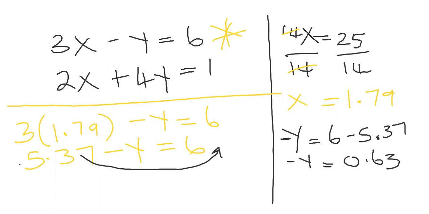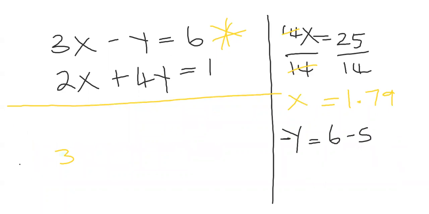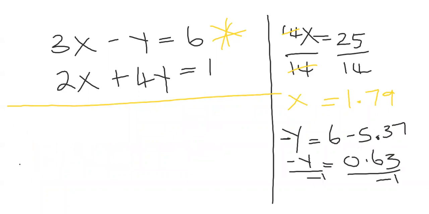Now, look at what you have. What you now have is a negative y, but you are interested in the value of y, not the value of negative y. So divide everything by -1, so that you can have a positive value for y. So your final answer for y becomes y equals -0.63.